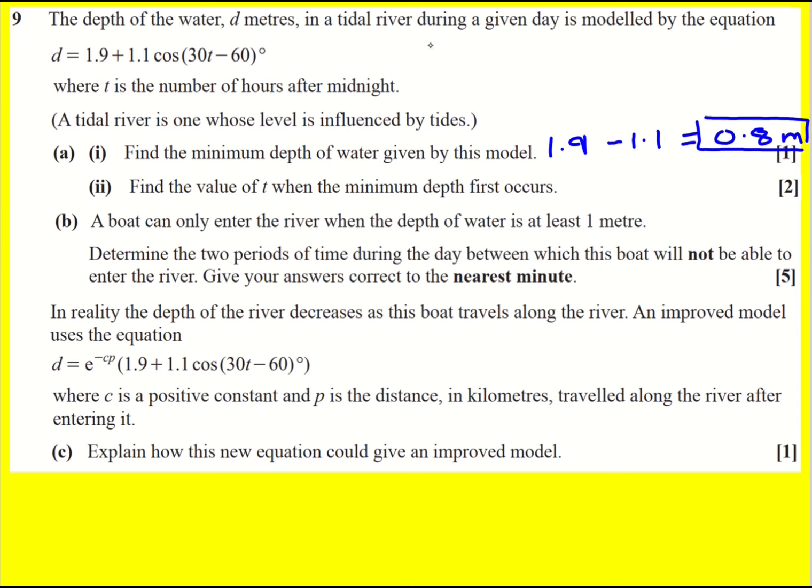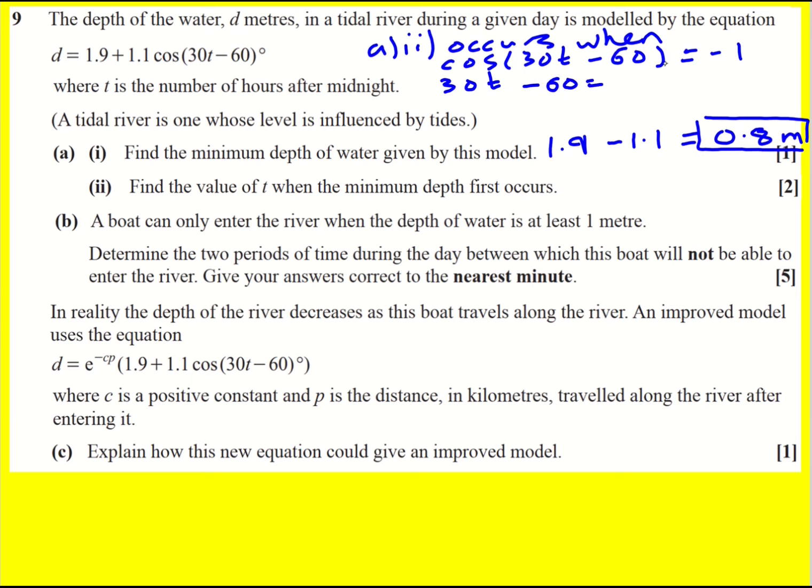So it's going to occur when cos(30t - 60) is equal to -1. You can do inverse cos, that's going to be when 30t - 60 is equal to, I'm just going to look at the cos graph, it's going to equal pi.